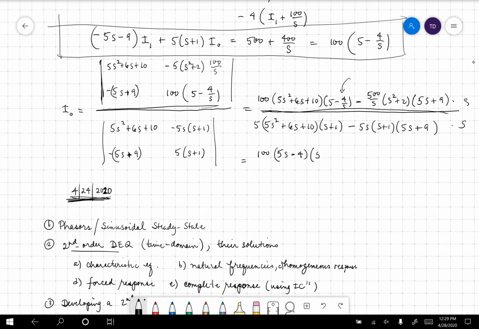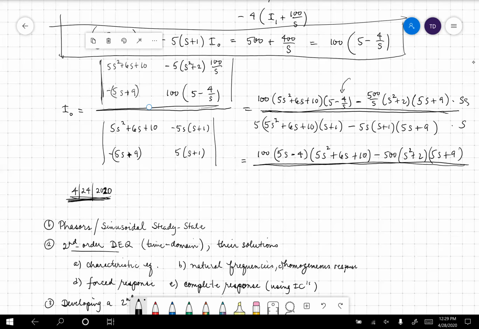And then 5s squared plus 6s plus 10, minus, that s cancels with that s in the denominator there, s squared plus 2 times 5s plus 9. There's a lot of multiplying through that I don't feel like doing, but it's nonetheless there. And in the denominator, I'll pull this 5 all the way out. So that's taking care of that 5 and that 5. And now let's see if we can start to multiply through. So I have 5s squared.